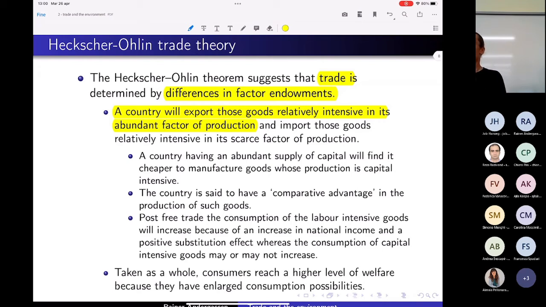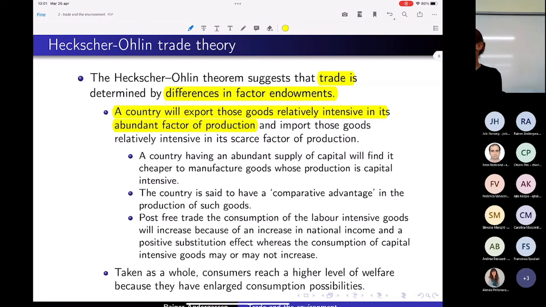So very simple. Now let's assume that the 2 countries are the US and Mexico. The US is relatively abundant in capital. Mexico is relatively abundant in labor.